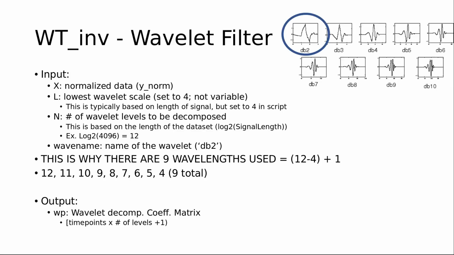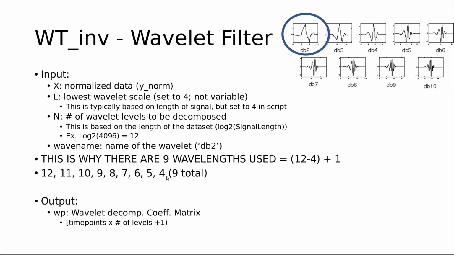Okay, so in my case, I had 9 wavelet levels to use. The reason for this was because it was 2 to the power of 12, and I had a low level of 4. So it's 12 minus 4 plus 1, and it's plus 1 because you have 12, 11, 10, 9, 8, 7, 6, 5, and 4, which is basically 9 total.